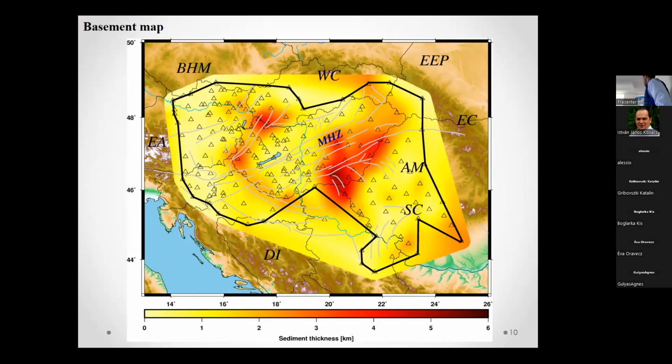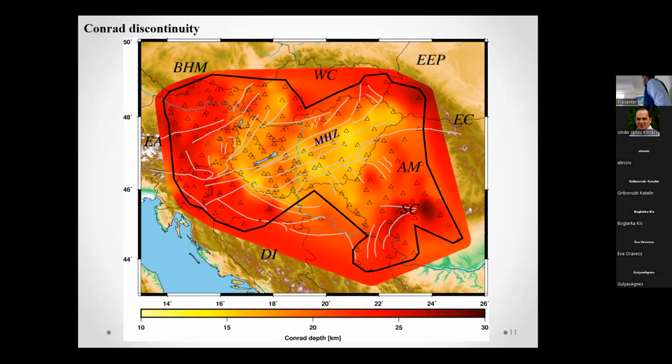The previous map was based on active seismic measurements and borehole data. We produced the first Conrad discontinuity map of the region, where the thinner part of the Conrad is located in the Great Hungarian Plain and the thicker part in the orogens.